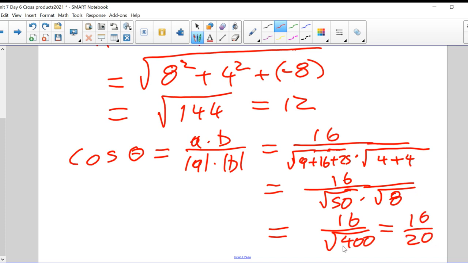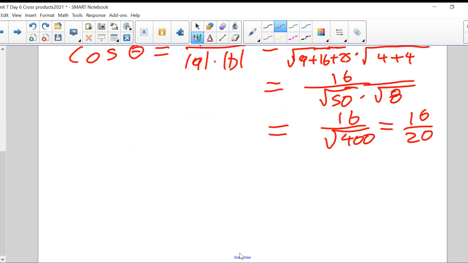And that works out to be 4 over 5. Does that make sense?